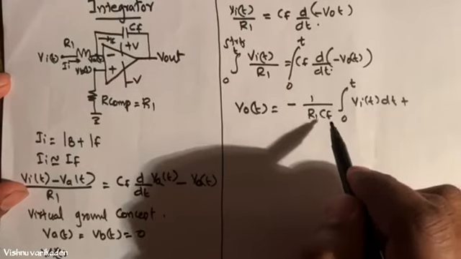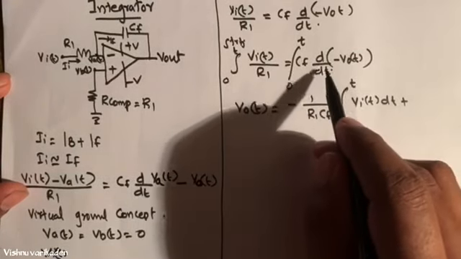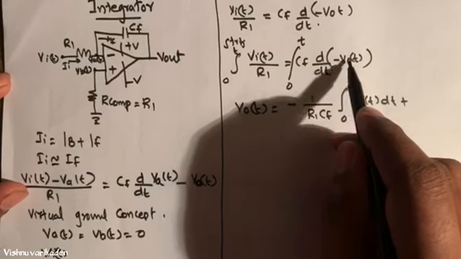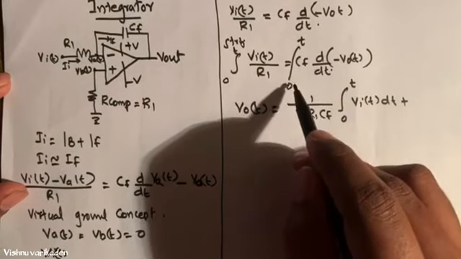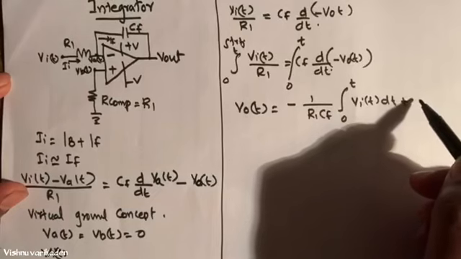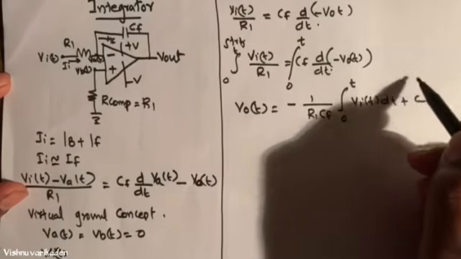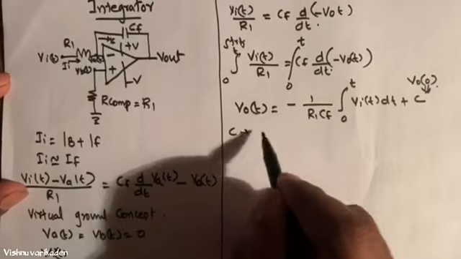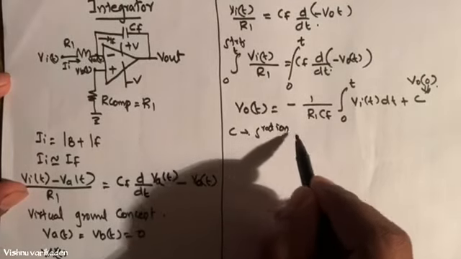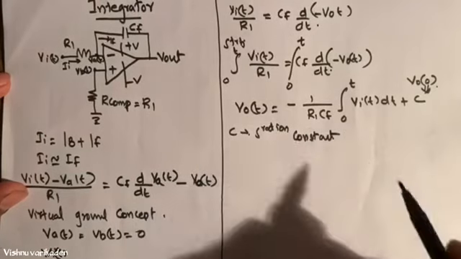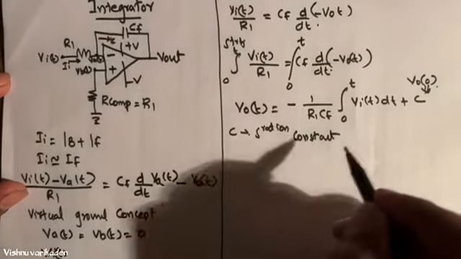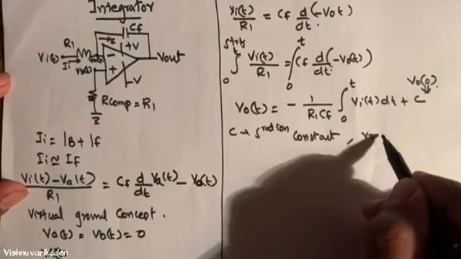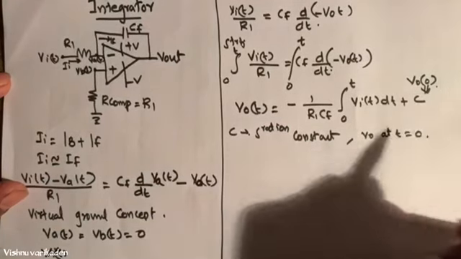That is the constant that appears whenever the integration takes place. One limit value is t and the other limit value is 0, so V0 of 0 is denoted by the constant C. So C is the integration constant and it is proportional to V out at t equal to 0.